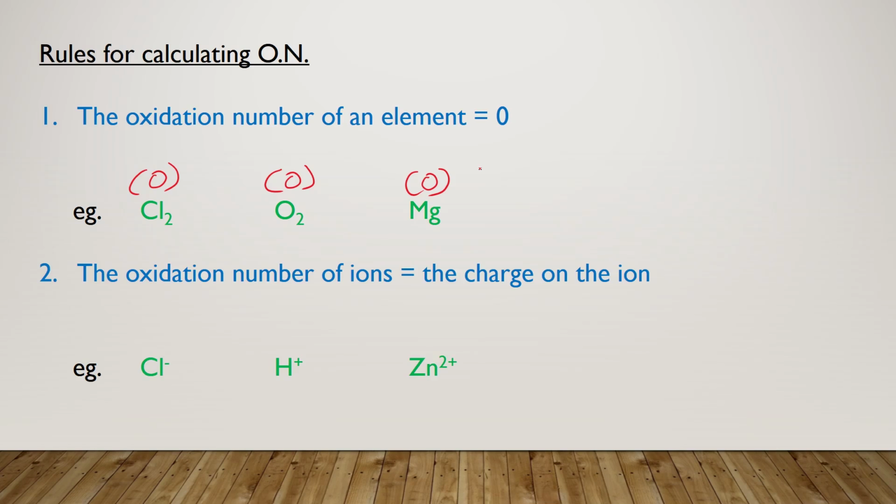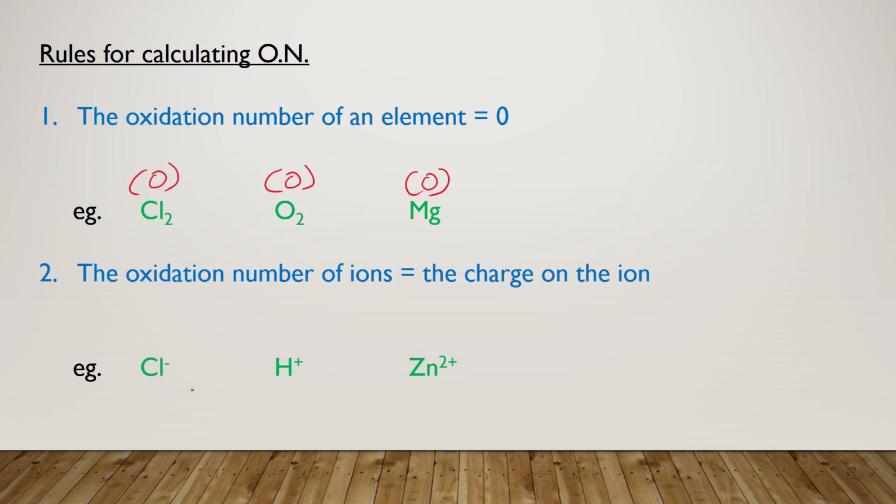Now we're going to have a look at the charge on an ion. Say if we have chloride, in some sodium chloride solution, say seawater, we would have free chlorides in solution. If we have hydrogen ions, same thing with dilute acids, you'd have free hydrogen ions, and then zinc ions in solution as well.